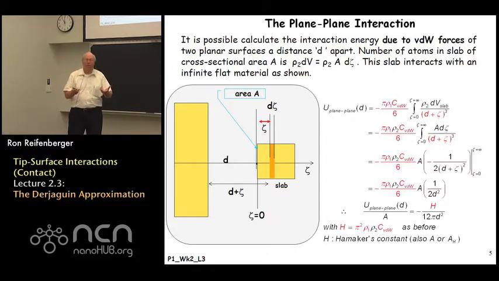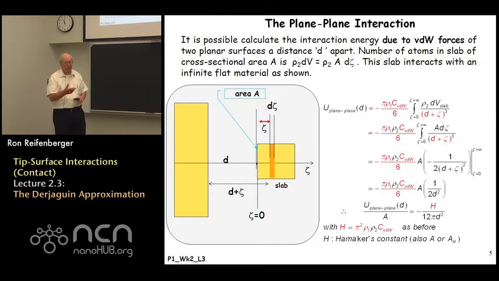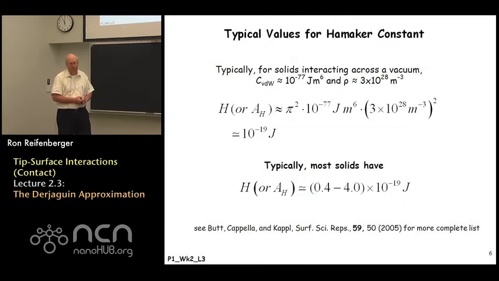So this is another fundamental result that comes from incorporating the van der Waals interaction energy and integrating it over all atoms in order to understand how two macroscopic solids might interact, one with respect to another.